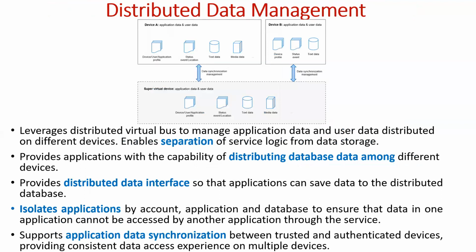The next in line is distributed data management. This helps the distributed data bus, or distributed soft bus, in achieving the data management. It provides a distributed database for storage as well as access of the data on the different devices, so that the service logic can be separated from the data storage.